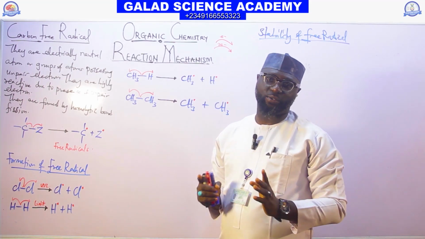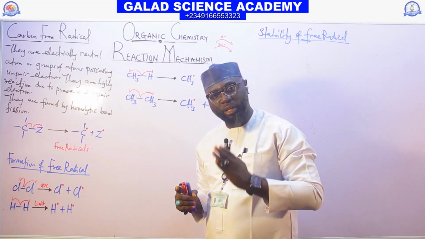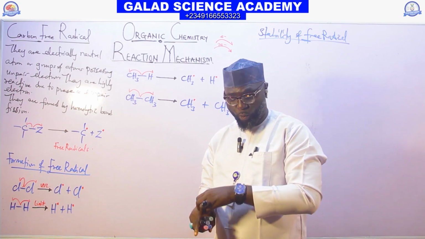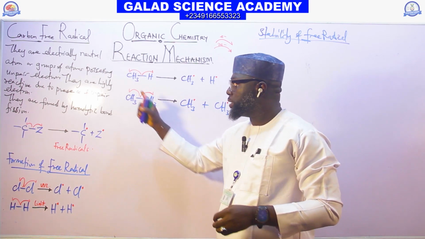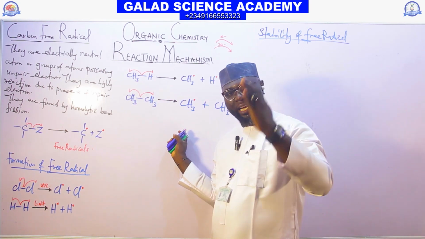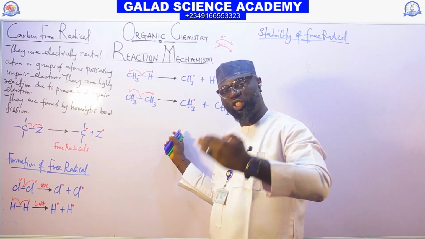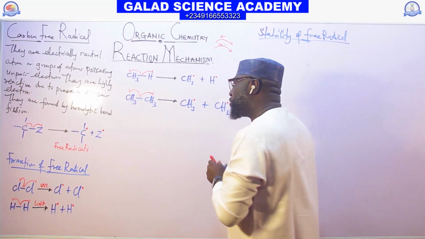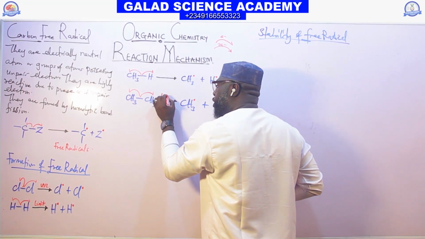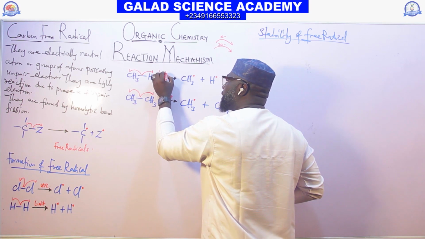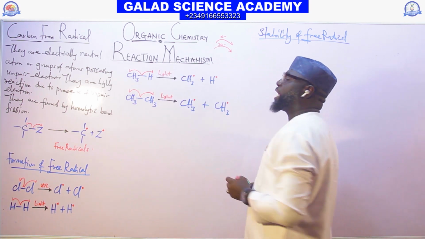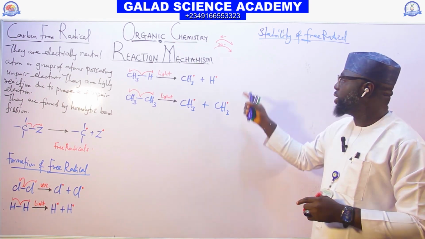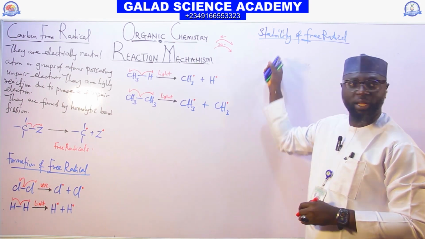They are highly reactive because of the presence of an unpaired electron, and they are paramagnetic elements or molecules. Free radicals can be formed by initiation of a molecule with light. Light is always here to give you radicals.